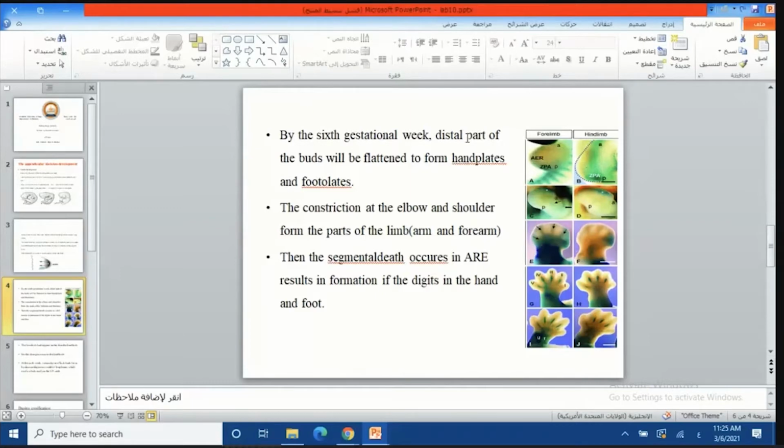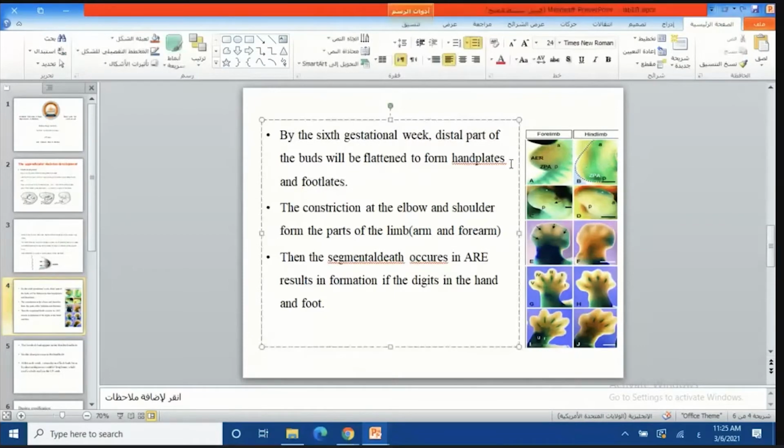Look here, these buds will be flattened to form hand plates and foot plates. And constrictions at the elbow and the shoulder will form in order to demarcate the arm and forearm.